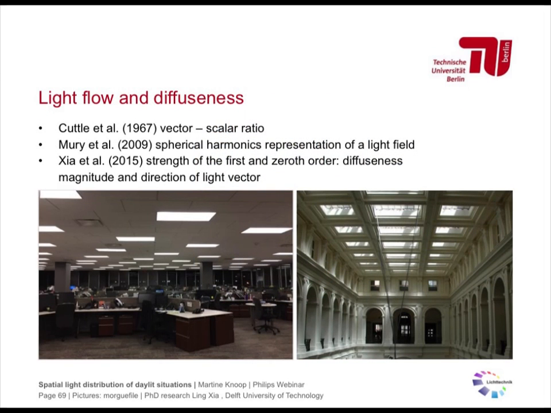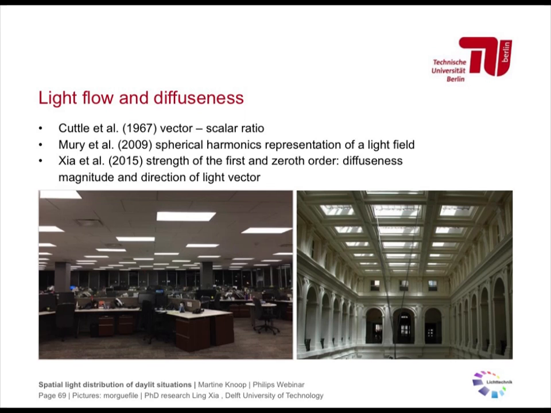The first researcher is Ms. Sia. She's a PhD researcher at the Delft University of Technology, and her work is based on the metric proposed by Kit Cuttle as well. He was looking at the vector-scalar ratio that's being used in some countries to describe the appearance of objects and occupants.